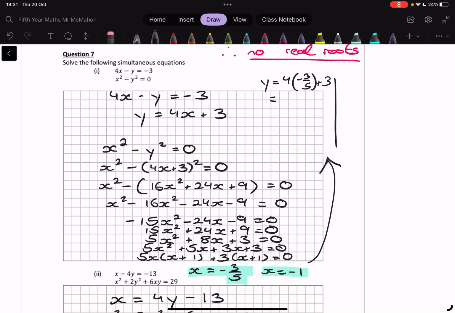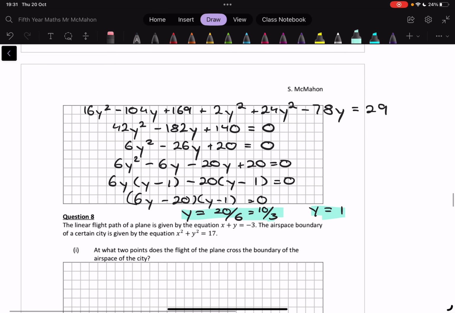So that means that y is minus 12 over 5 plus 3, which is equal to 3 over 5. And similarly on the other side, y is equal to 4 by minus 1 plus 3, which is minus 4 plus 3, which is minus 1. So important to remember to go back and do those y values also.